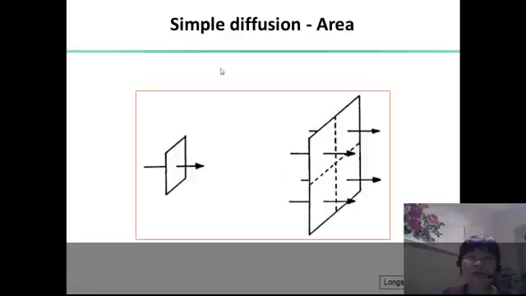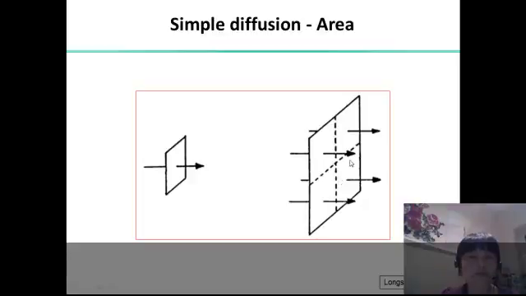The next one is area. If you have a big membrane, then a certain number of molecules can cross this area. If you quadruple the area for the movement, then the rate of movement is also quadrupled. That is the relation.